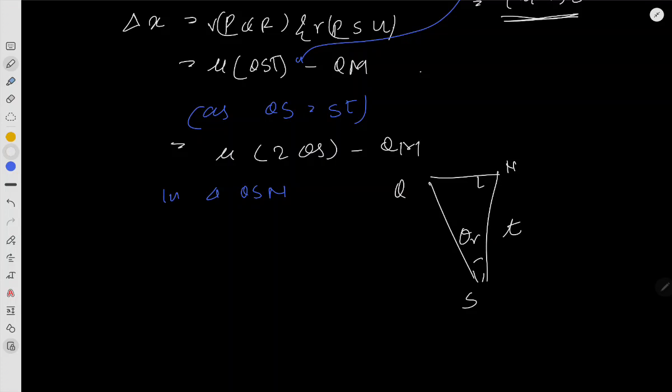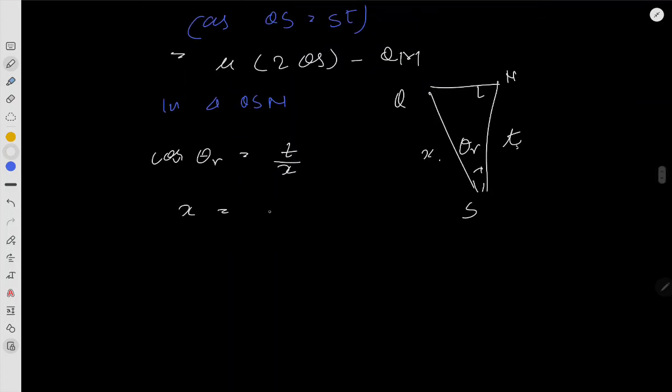So in order to find QS, we assume it as X, and adjacent side upon hypotenuse, sorry, adjacent side is the cos. I'm extremely sorry for making so many mistakes today. Cos theta r equals t by x.